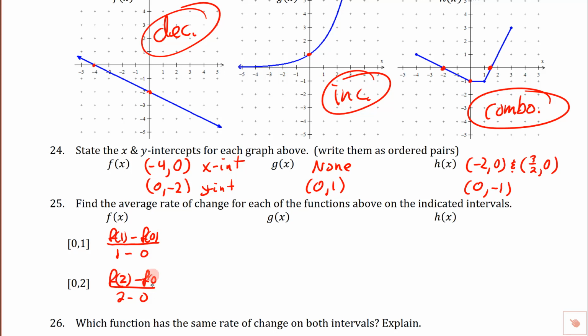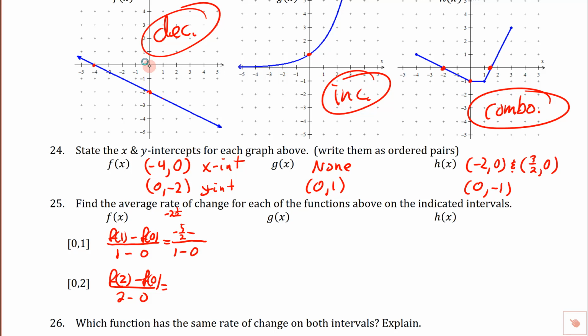So let's go ahead and calculate what we've got here. So this is going to be a 1 minus 0 on the bottom, and then I need f of 1. I need the function value at 1. So we're going to go down 1, 2, that's 3, so about minus 2 1/2. Now, we normally don't write things as mixed numbers, so let's change this so this is negative 5/2, negative 2.5, and then minus whatever the function value is at 0.